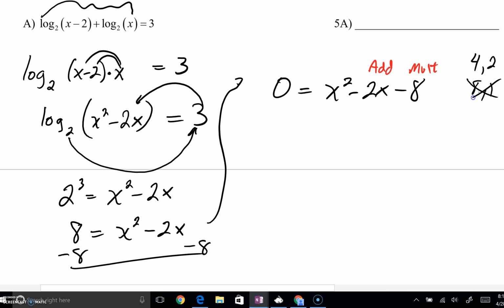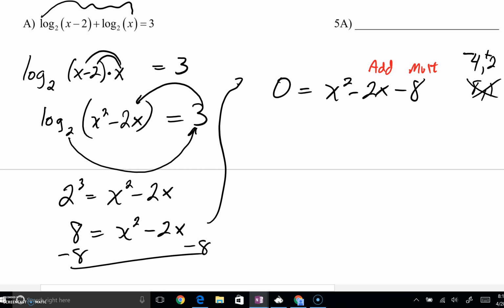But 8 and 1, there's no way a positive negative combination of 8 and 1 could ever add up to a negative 2. With 4 and 2, we could add up to negative 2 if we choose the negative appropriately. Adding to a negative means that you have more negatives than positives in your addition. It means you must make the larger number the negative.